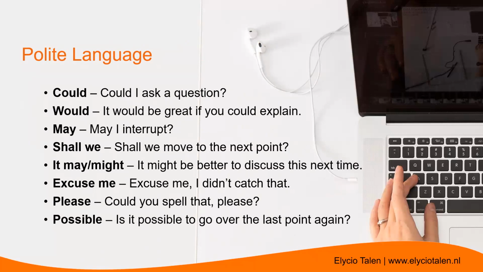I would like to stress that in Dutch, as well as in many other languages, you have your equivalents of polite language. And in English, we have our modal verbs: could, would, may, shall we, it may or it might, excuse me, please, and possible or possibly.